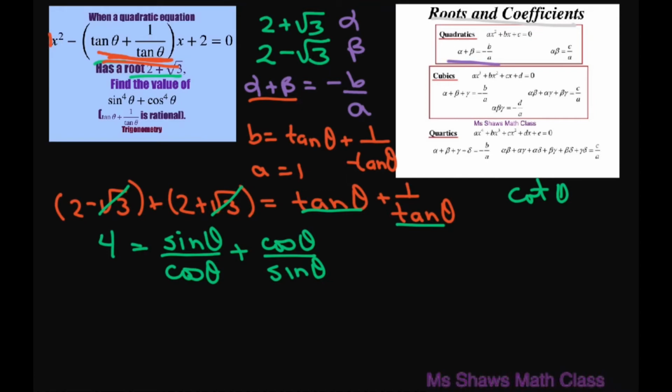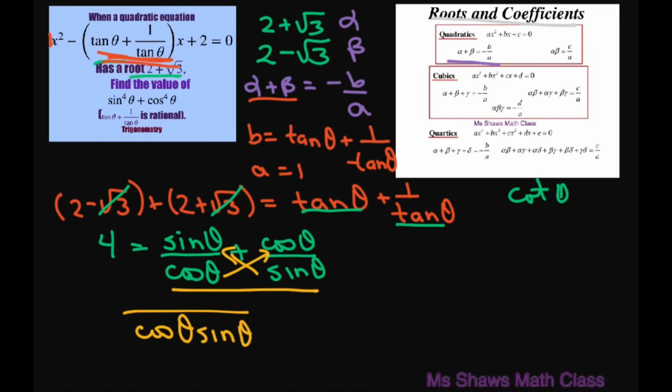All right, from there, let's get our common denominator. So for this piece here, our common denominator is going to be cosine of theta times sine of theta. And then we're going to have to multiply these two. So that's sine squared of theta plus cosine squared of theta. Now, using your Pythagorean identities, sine squared of theta plus cosine squared of theta is 1.